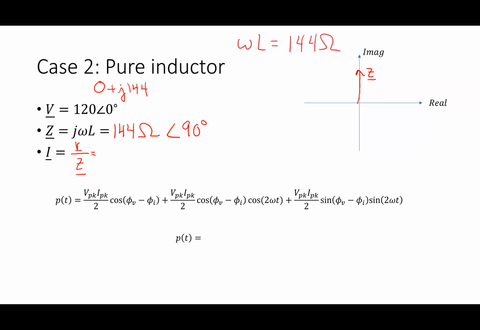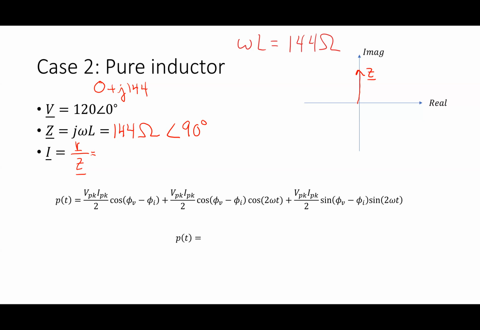All right, so let's do some good old-fashioned complex number stuff. I've got two phasors dividing each other, right? So how do I get the magnitude and the angle when I divide two phasors like that? Divide the magnitudes, subtract the angles.